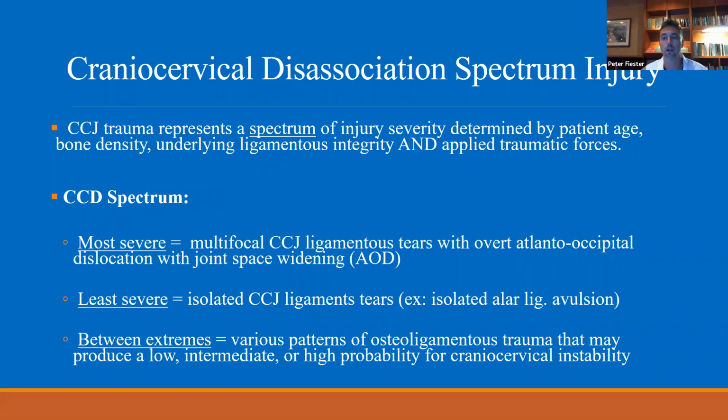The one that comes to mind is an alar ligament avulsion or an occipital condylar avulsion injury. Between those two extremes, you have all these various patterns and different imaging presentations of osteoligamentous trauma. Those can produce a low, an intermediate, or high probability of craniocervical instability. That's the area of research that I'm interested in. As we understand that more, we'll be able to tailor management to patients on a more imaging-based, case-by-case basis.